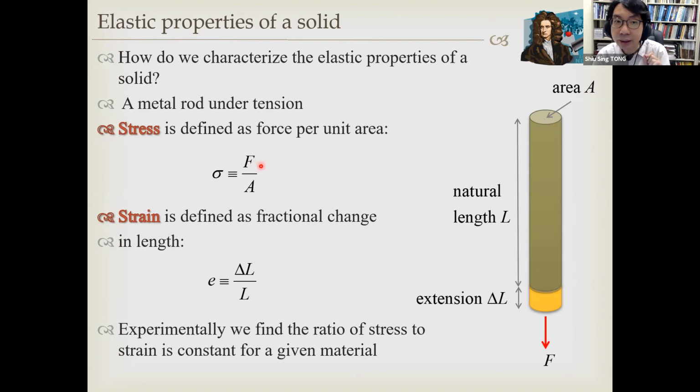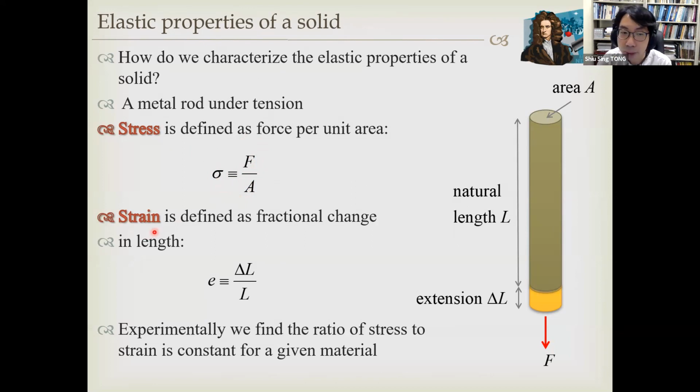The stress is the force per unit area and is defined as sigma. Essentially this is a pressure, but in the reverse direction. For pressure, we press on it, but now we're stretching it. So again, it is the force divided by area, and we denote the stress by the symbol sigma.